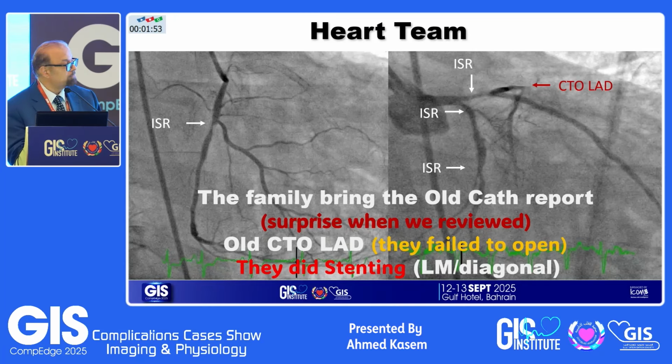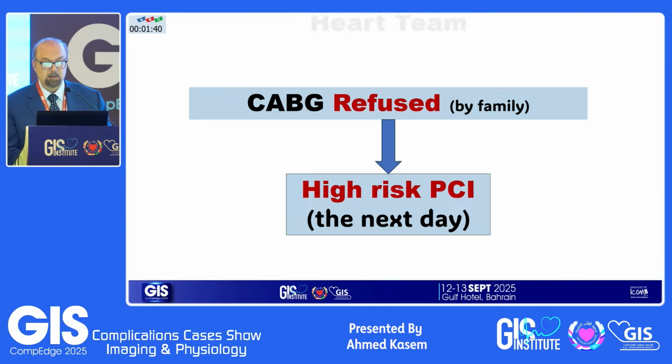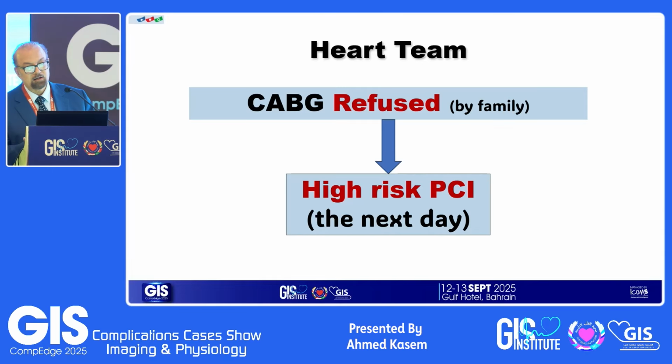I think we should be honest with the patient and discuss all the possibilities. Maybe surgery is much better for such cases, not biased because he feels shy to say, I failed to cross the CTO lesion. So I discussed the case with the family and with the surgery team.